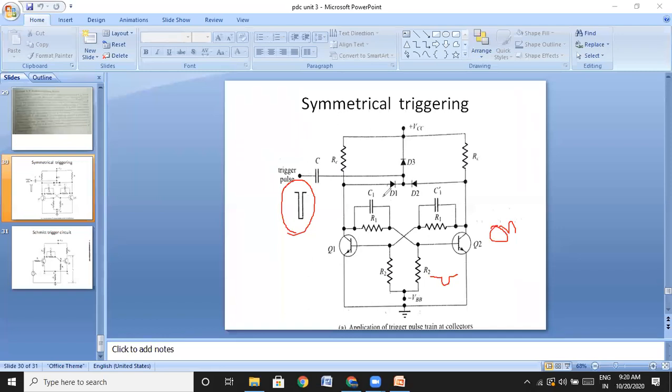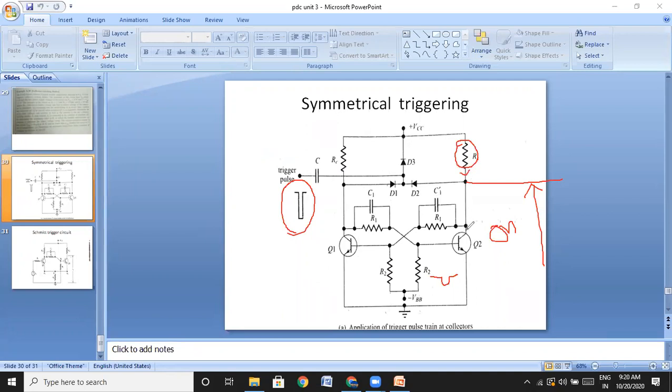Coming to the operation of this triggering circuit, suppose this transistor is on. Then the voltage at this point will be VCE sat, between collector and emitter. Generally the maximum voltage drops across this resistance because a high amount of current is flowing.